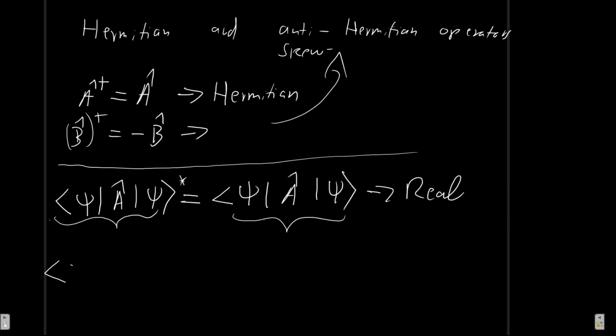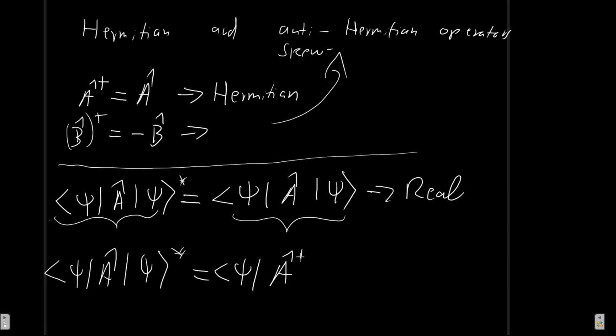Let us now take a look at what happens if we do the same thing but with an anti or skew Hermitian operator. So let's conjugate this. Once again, we swap bras for kets and kets for bras, and this time when we take this adjoint, it is not Hermitian, it is skew Hermitian, which means that the adjoint is going to be minus this operator.